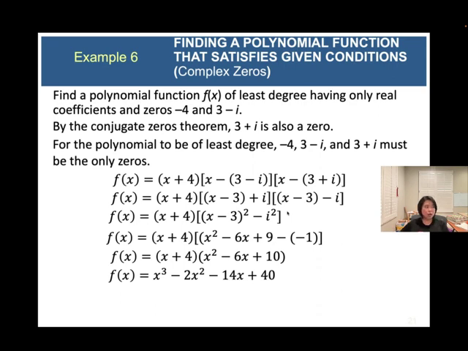Okay, that will be your f of x. So keep in mind that if the polynomial only has real coefficients, when you have a complex zero, then the conjugate of the zero will be a pair.